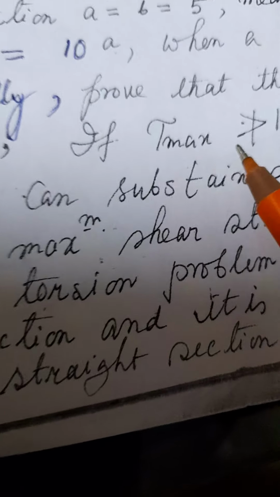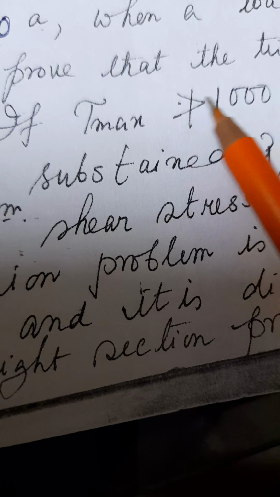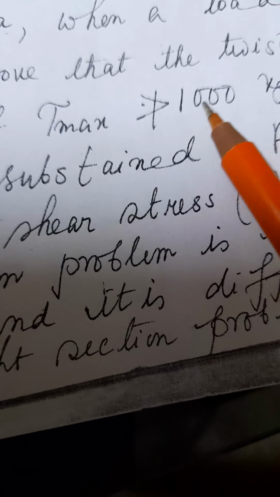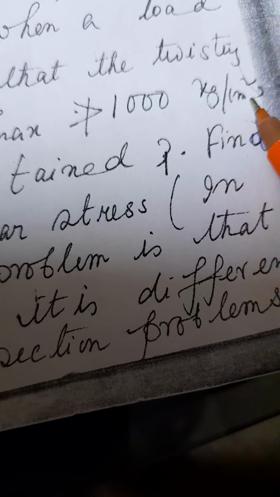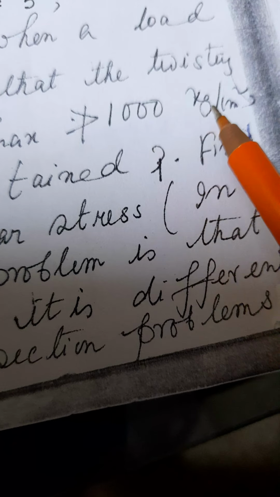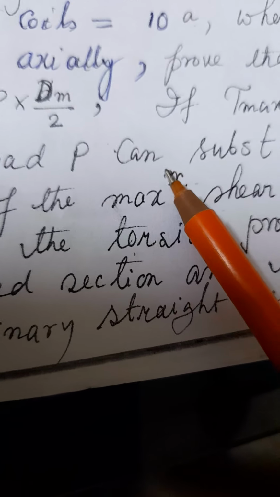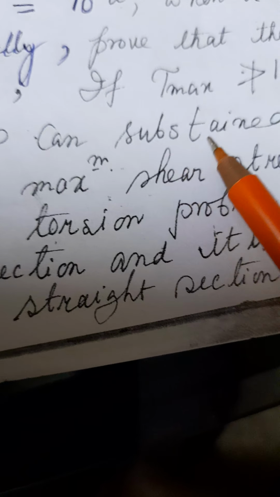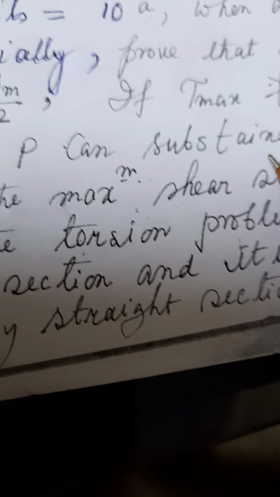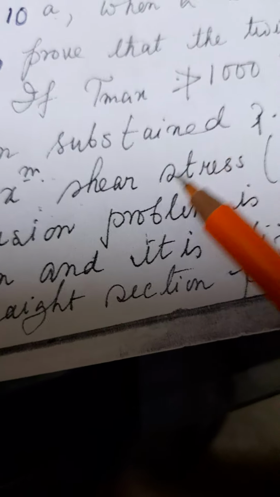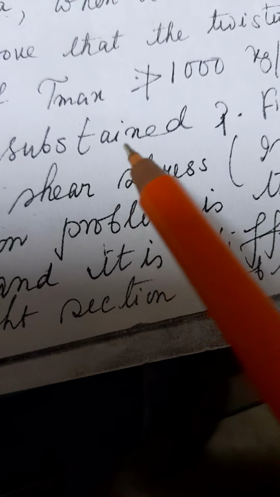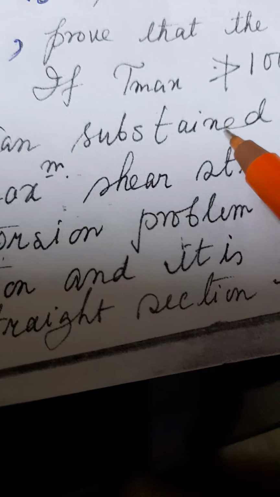If tau max is not greater than 1000 kg per centimeter square, what maximum load P can it sustain?